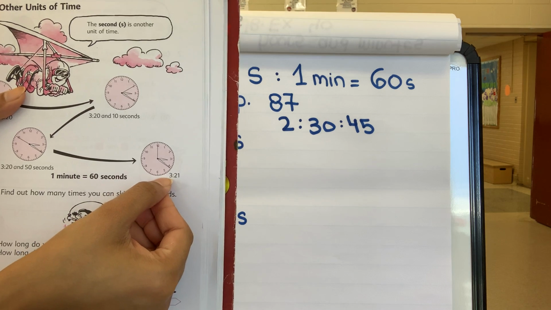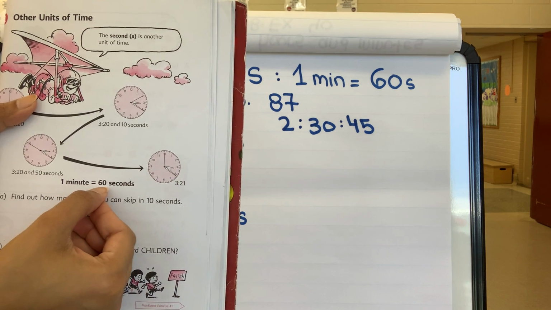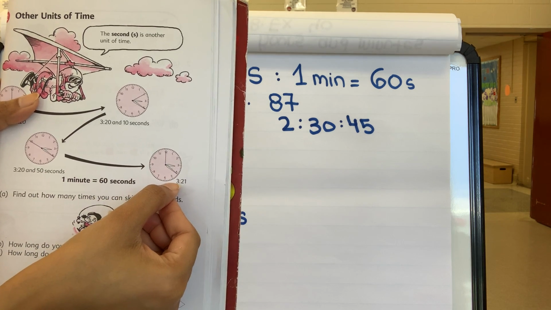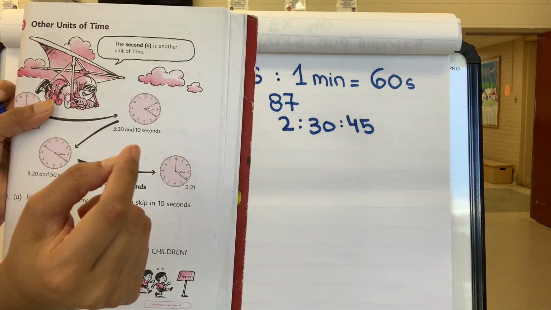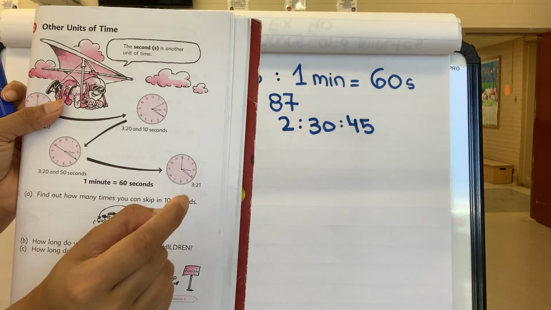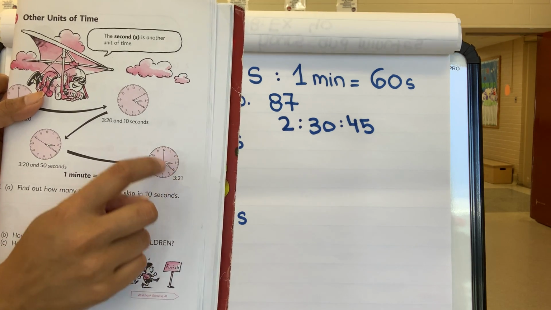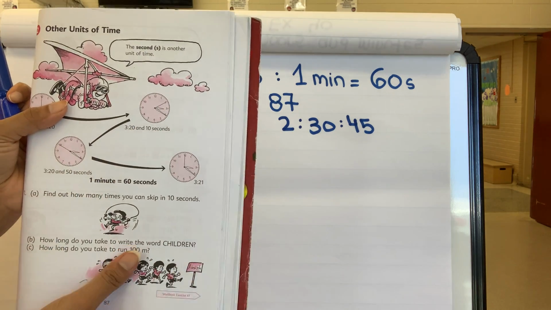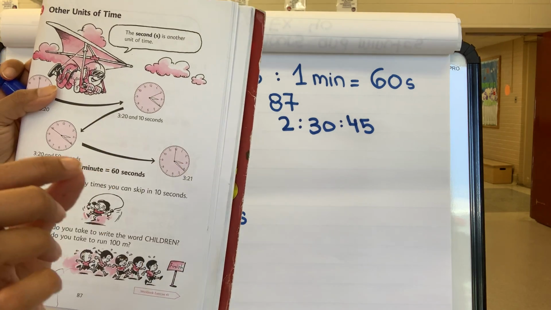So I have 3 hours, 21 minutes, and 60 seconds. Does that make sense? Because when my skinny hand moves all the way from 12 to 12, that's a minute, okay? So, 60 seconds.